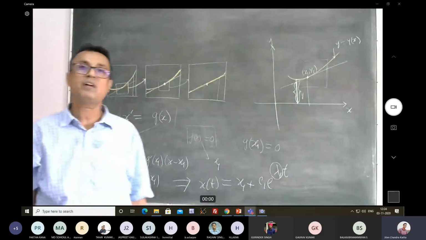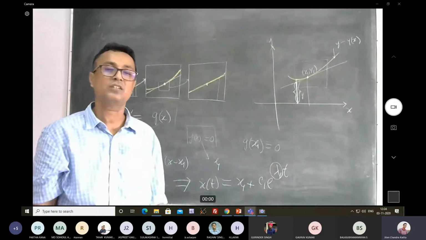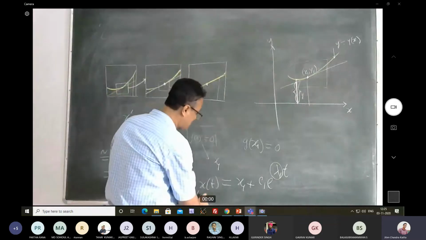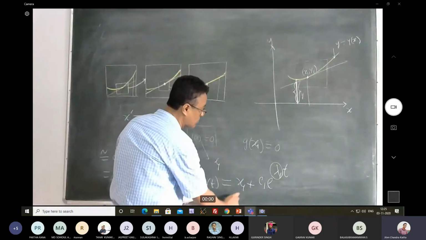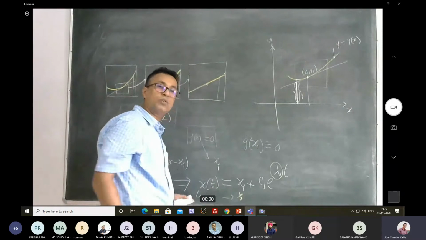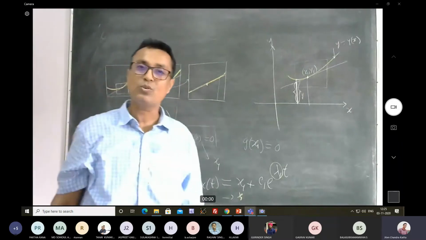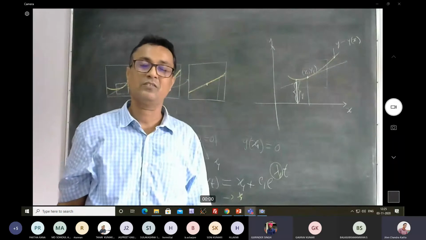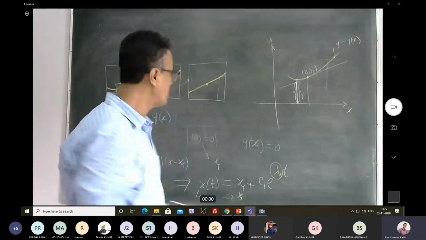If lambda 1 is strictly less than 0, then as t tends to infinity, this solution goes to x1. It approaches the critical point. Is it okay with everybody?